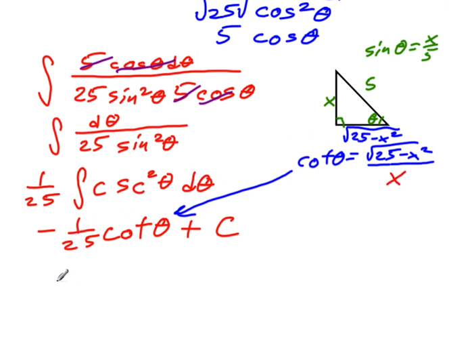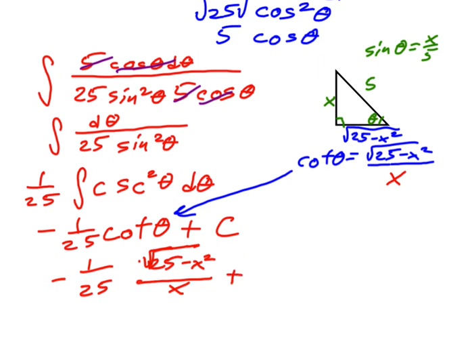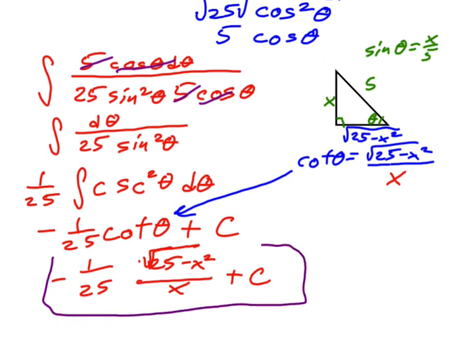Okay, so now we plug it in. It's negative 1/25. Our cotangent is our square root of 25 minus x squared over x, and plus c. So this final thing is the correct working out of that integral.